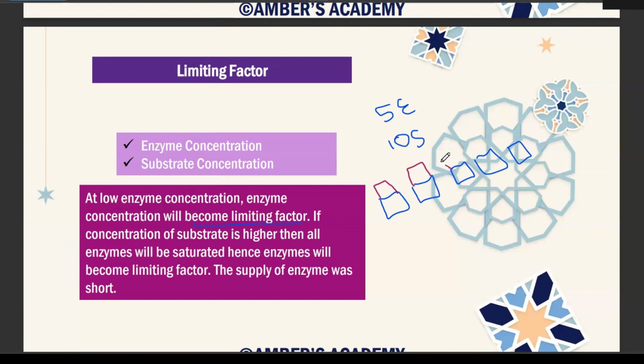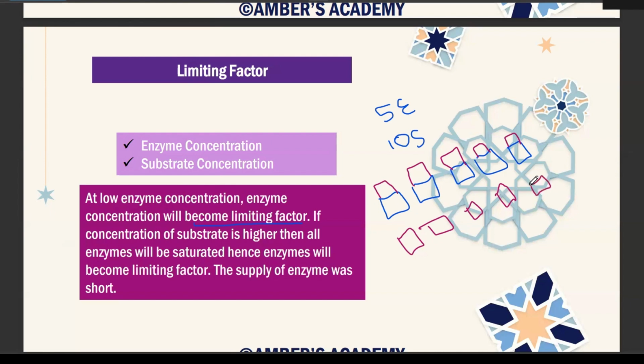So 5 substrates are bound with your 5 enzymes, and this means that the remaining 5 substrates are left alone. These are your 5 other substrates which do not have any enzyme until and unless a particular reaction takes place, the substrate leaves, and then another substrate can bind. So basically, I'm just trying to say that enzyme here is in a limited quantity, which is reducing the rate of reaction.